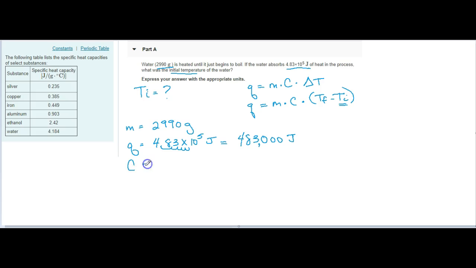Specific heat capacity of water we also need, and that's found in the table here. So 4.184 joules per gram times degrees Celsius.